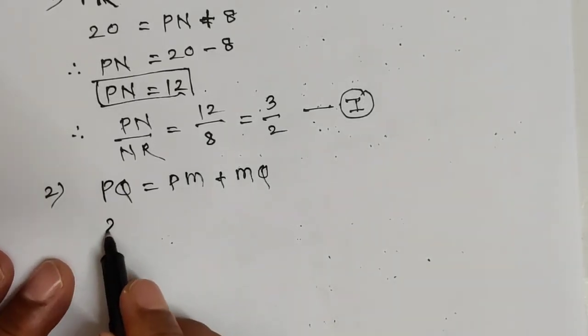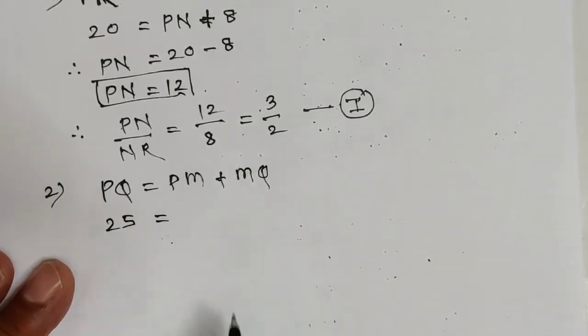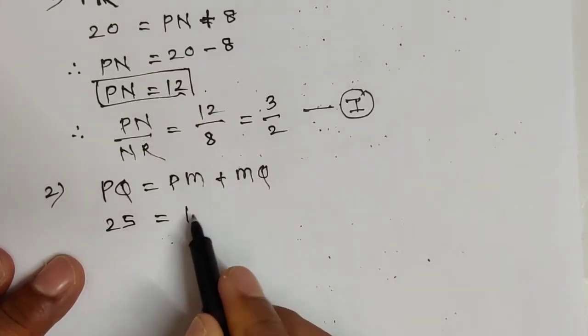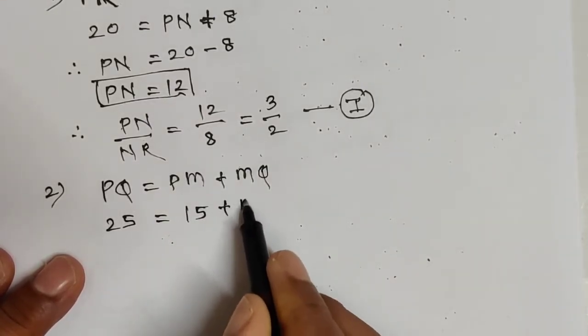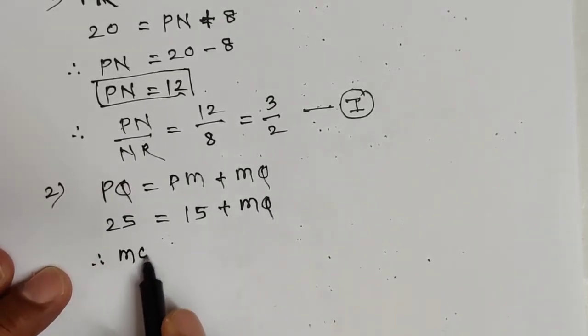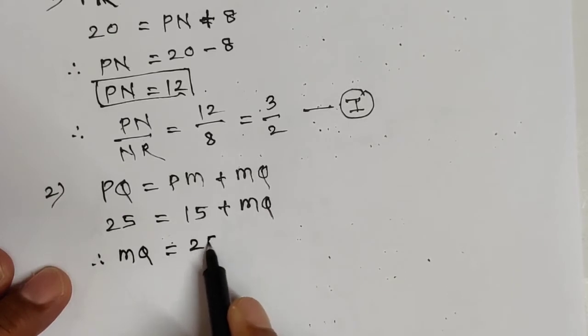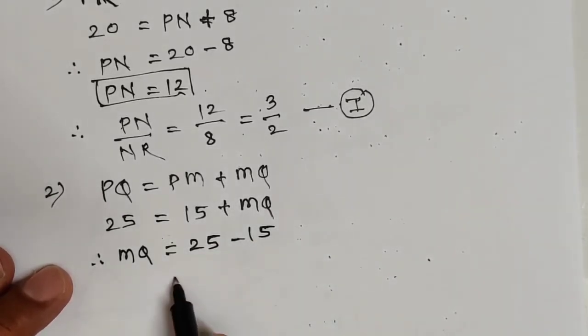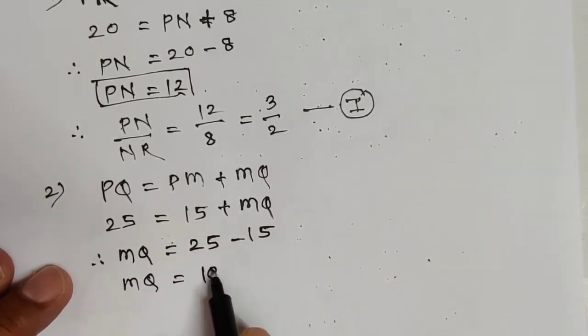PQ is 25, PM is given 15, and we find MQ here. Therefore MQ is equal to 25 minus 15. So we get MQ is equal to 25 minus 15, which means 10.